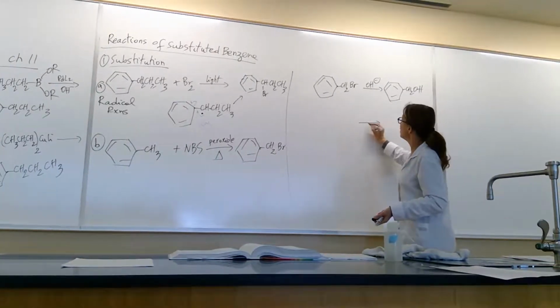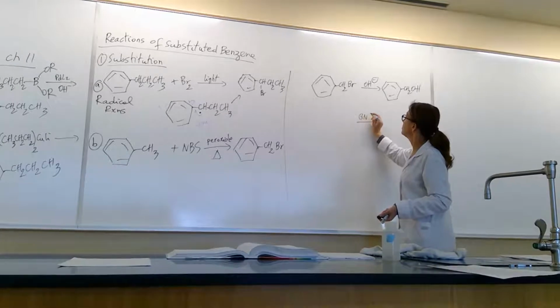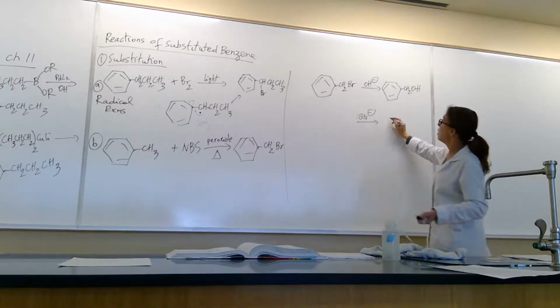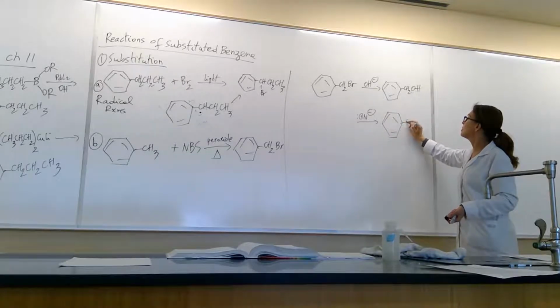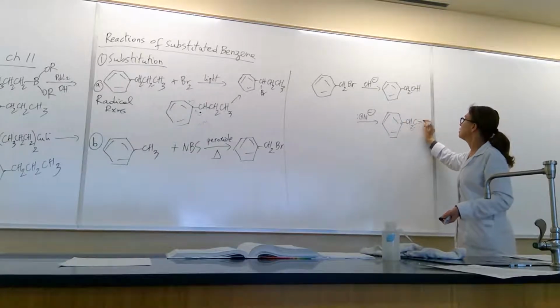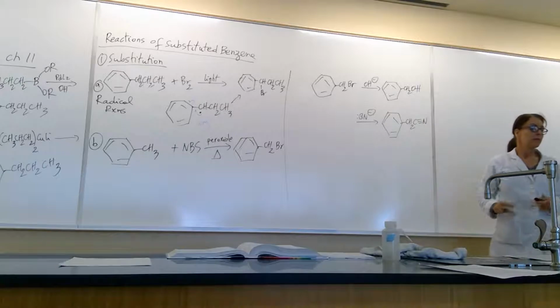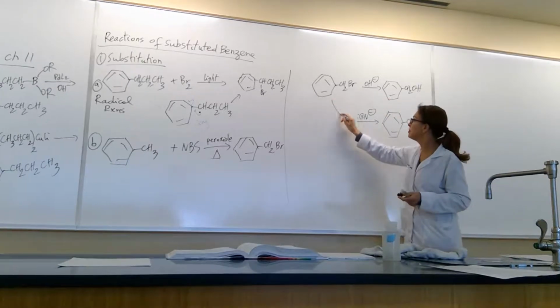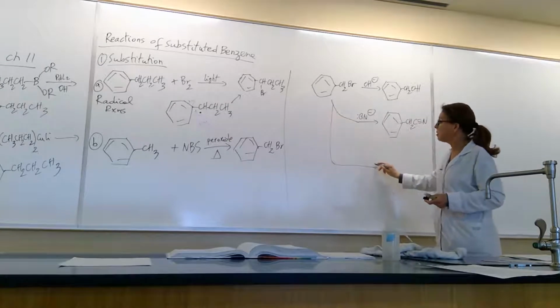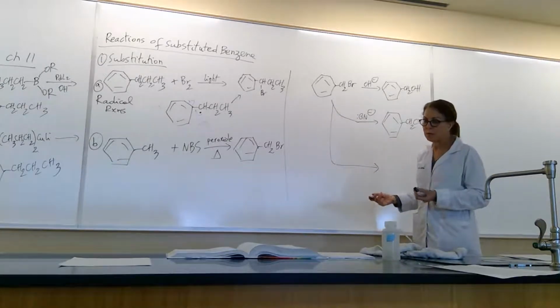So all of these things, whatever you learned before, will still apply. What if we put CN minus? So that's also a nucleophile. So it's CH2CN. I'm talking about the same reaction. Any nucleophile you can think of would work.